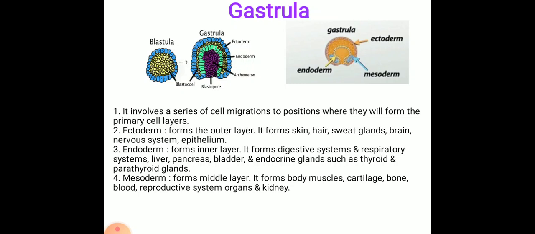So what is organogenesis? The process of formation of different organs. So from egg to adult, those are the developmental stages, or developmental biology. So this is about human development.